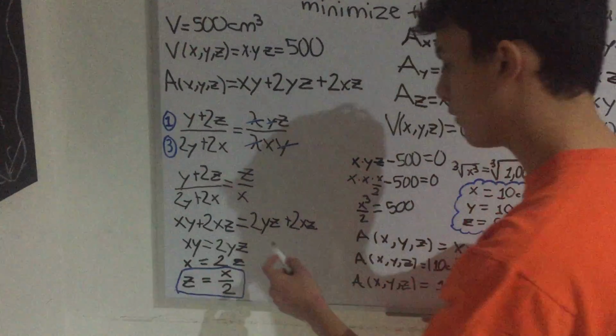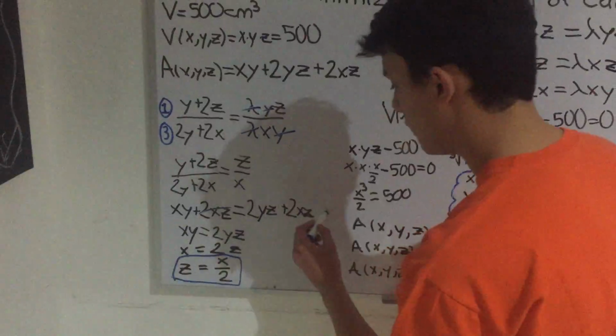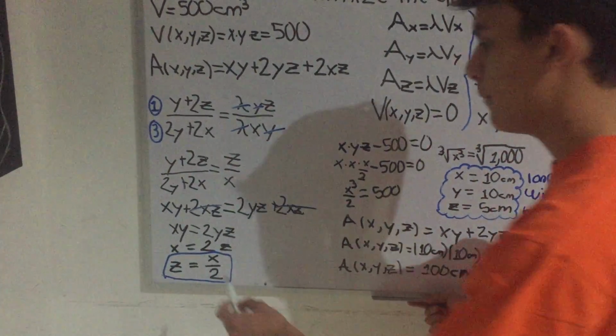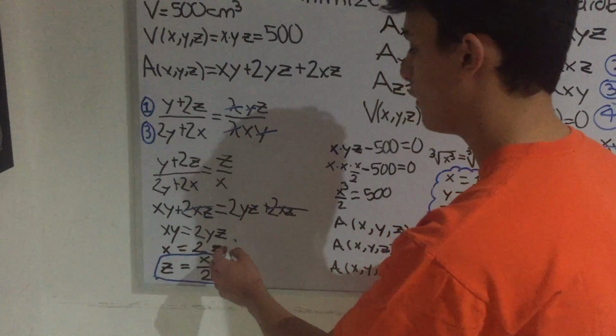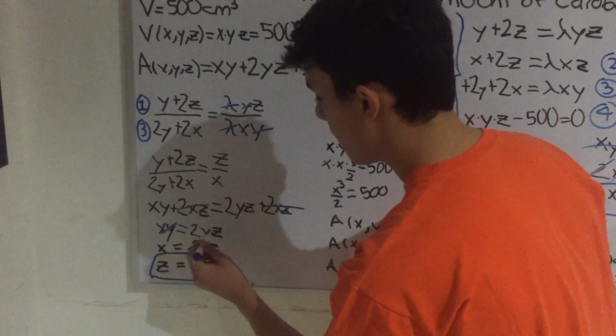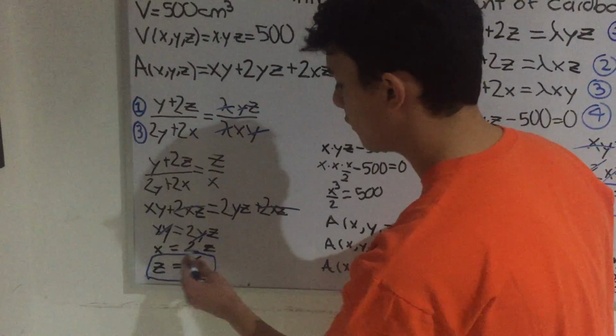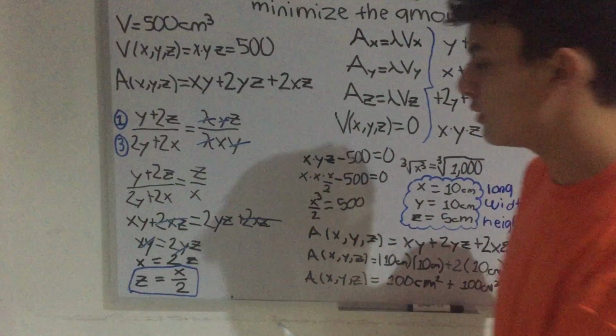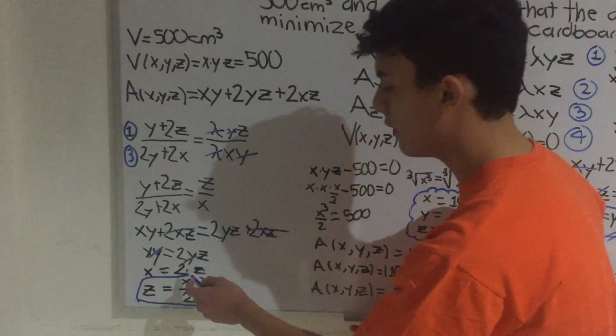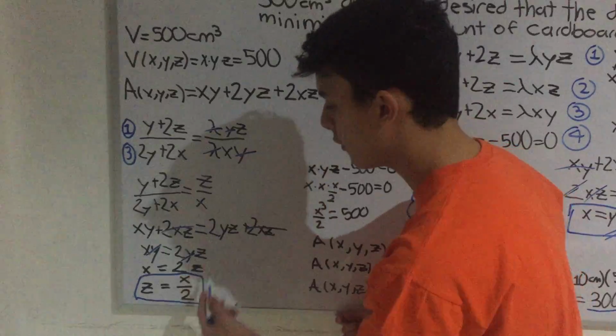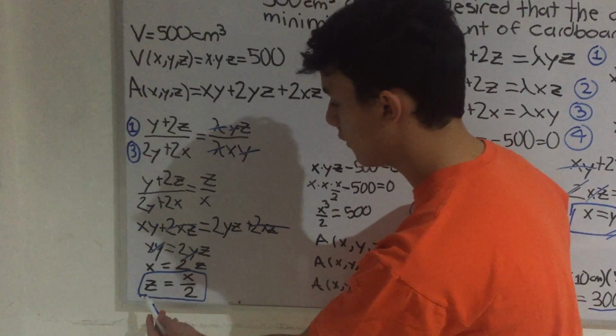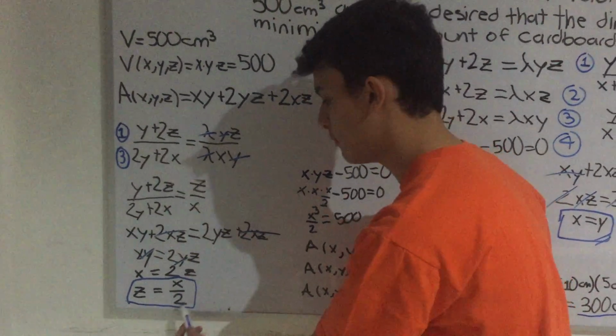So now I can cancel 2xc with 2xc, and we have that xy is equal to 2yc. So I can cancel the y, and we have x is equal to 2c. And to know the value of c, I have to pass this 2 that is multiplying to the other side, dividing. So we have c is equal to x divided by 2.